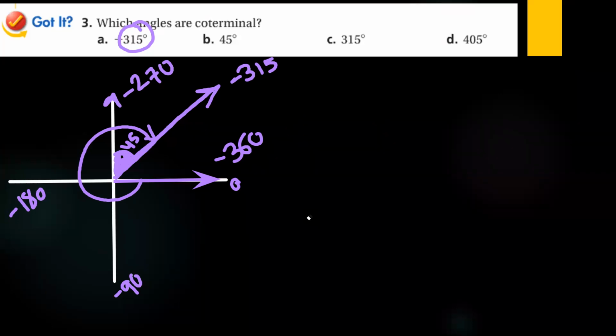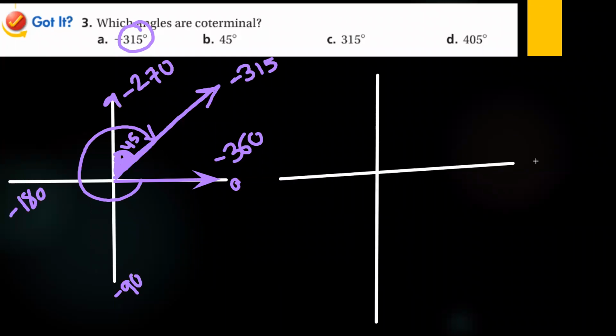In B here we have 45. For sure, it will be in the middle. Now, 45, it is positive. So I have to go now with counterclockwise. Here is the initial side.